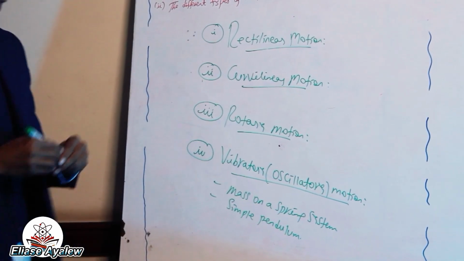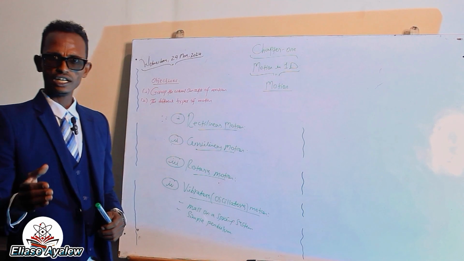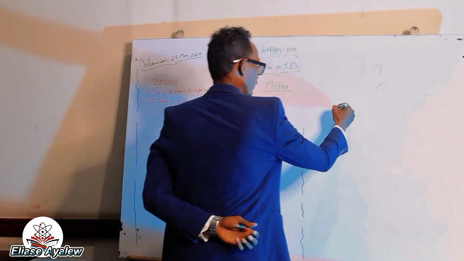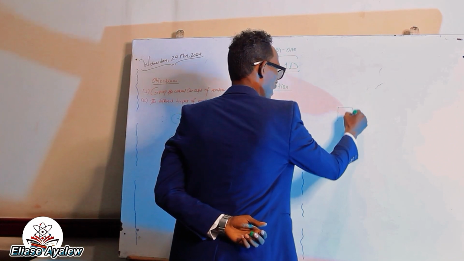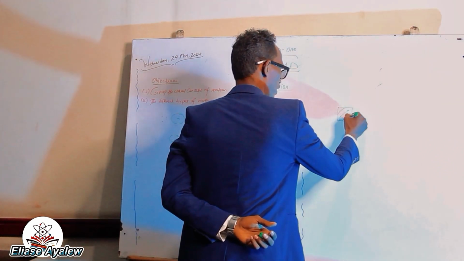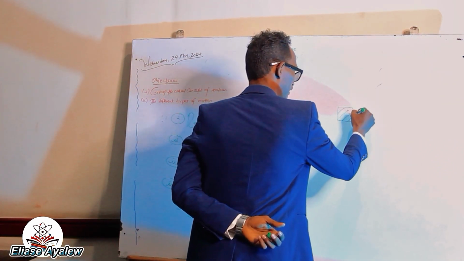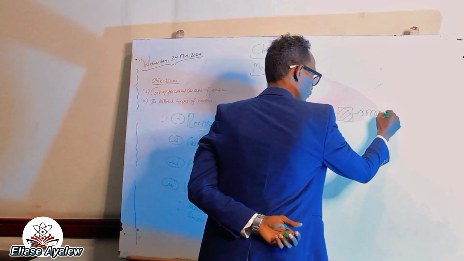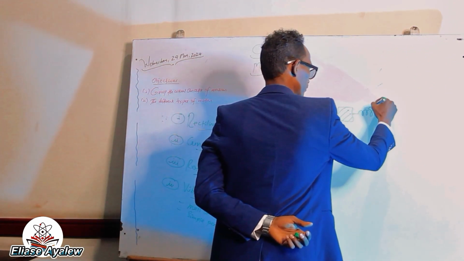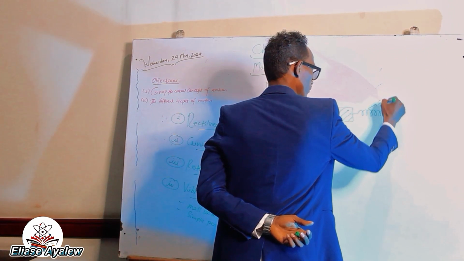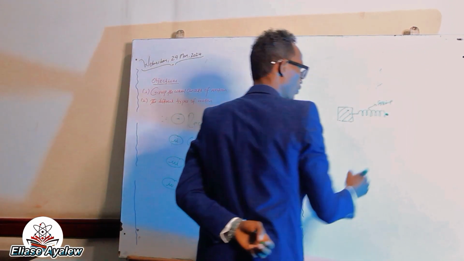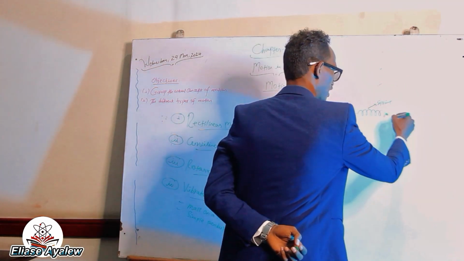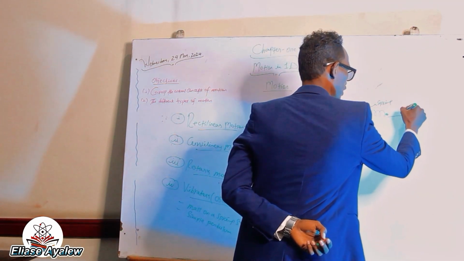To describe these types of motion, let us use the following situation. Assume we have a spring, and one end of the spring is attached to a wall or a block, that means fixed. And the other end of the spring is free to move. What will happen when we stretch the spring to the right by applying a certain force?